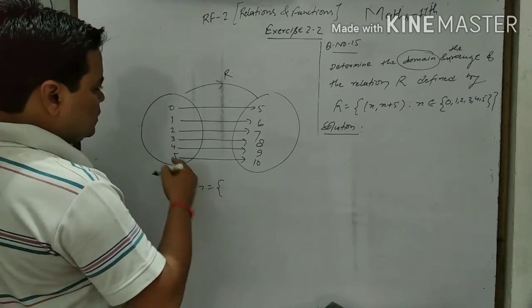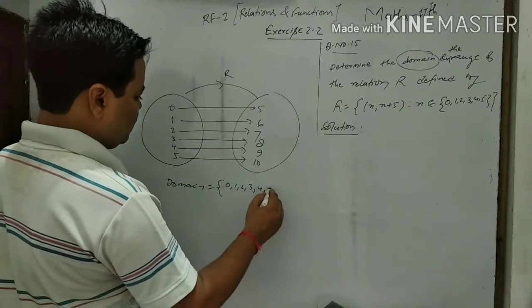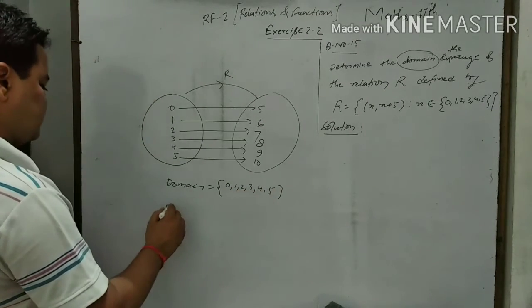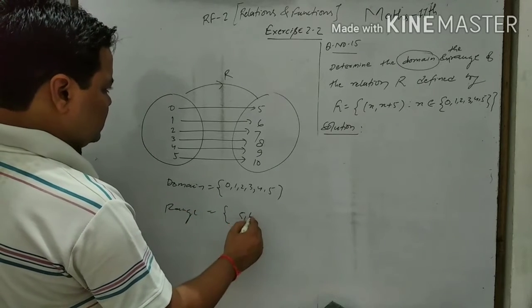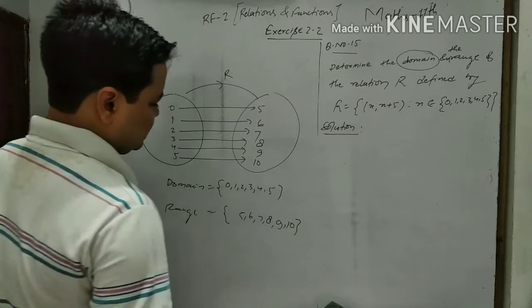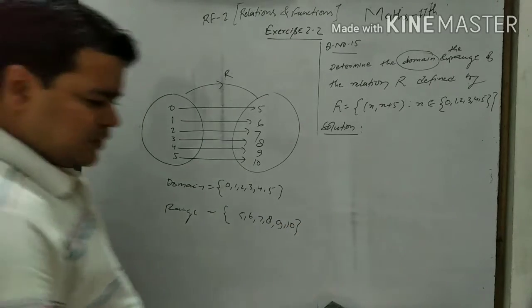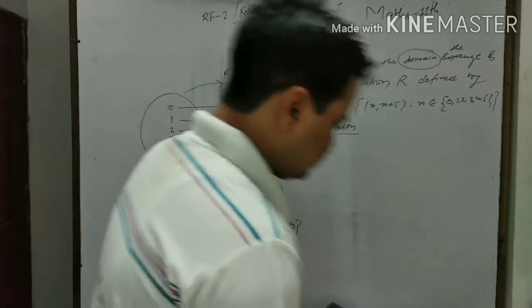Domain will be 0, 1, 2, 3, 4, 5, and here range is equal to 5, 6, 7, 8, 9, 10. In this way, we can find it.